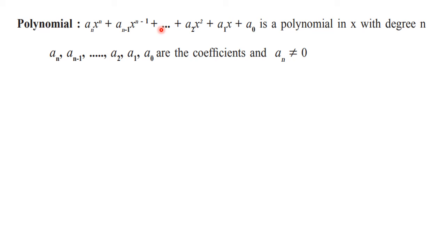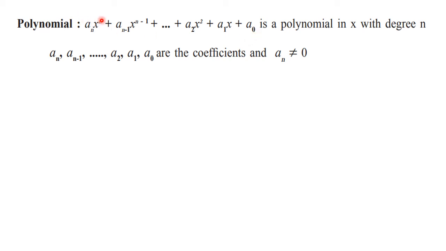That means there can be n number of terms present there. Then a2 x square, then a1 x plus a0. See, this is written in the descending order of powers. This is the highest index here, that means the degree of this polynomial is n. So this is called a polynomial in x with degree n.